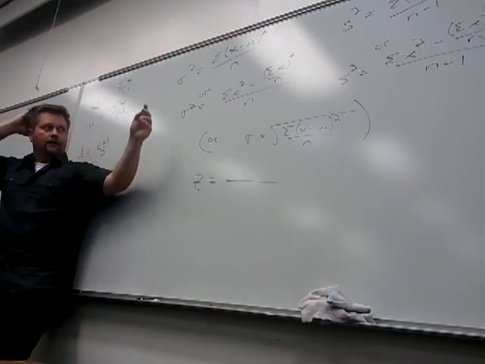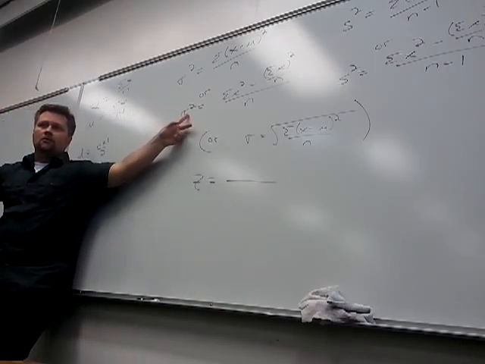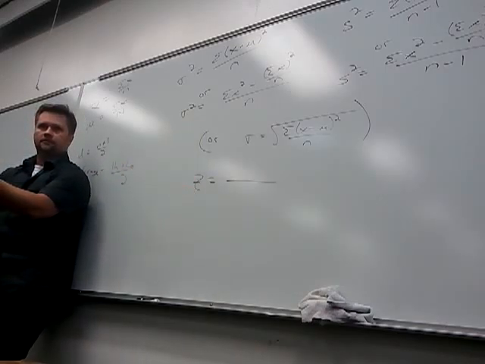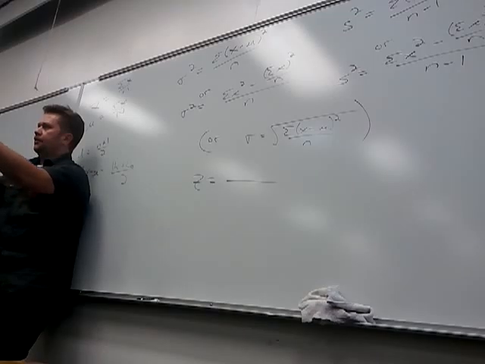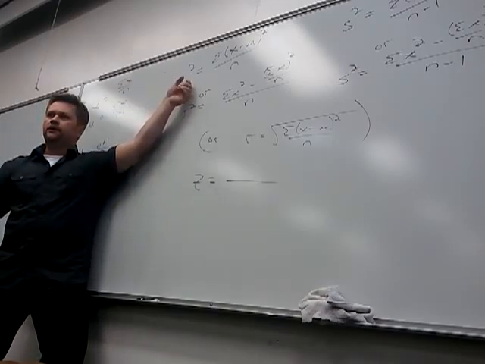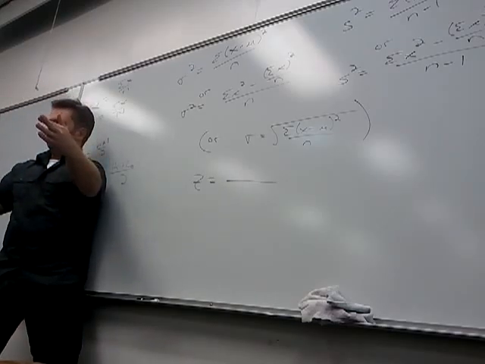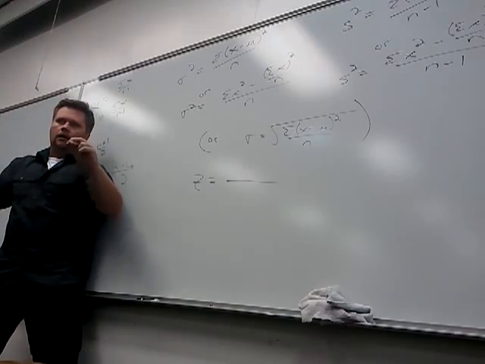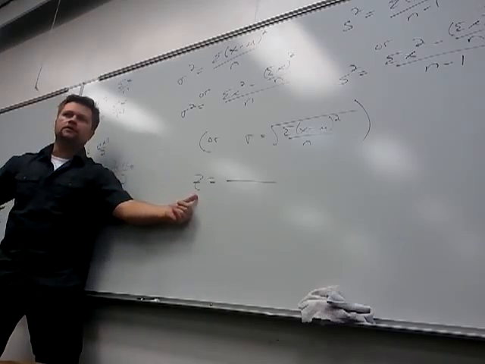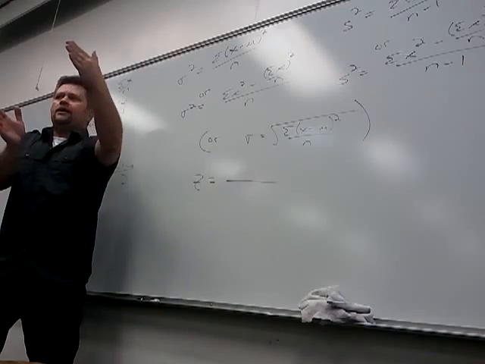So I love the idea of this being my tick marks on a ruler. This is when I lay it down and actually make a measurement. How far away is this data point from the middle? In what units? In these units, in standard deviations. And of course, we have the empirical rule. We start to see why knowing a z-score is so important. It tells me how far away it is from the middle.